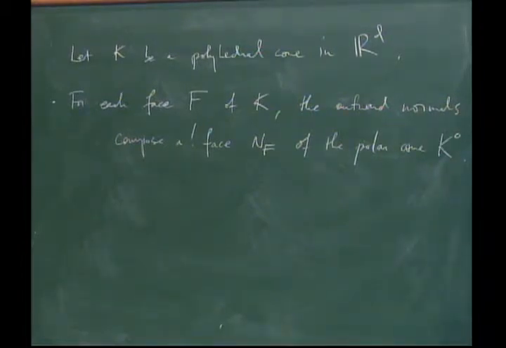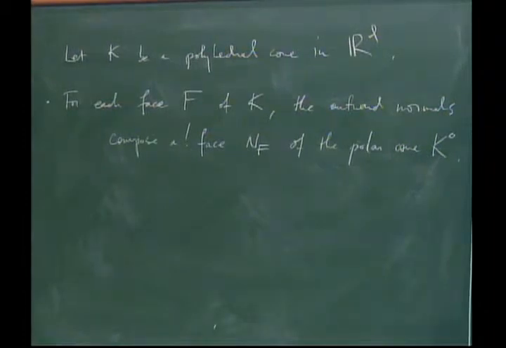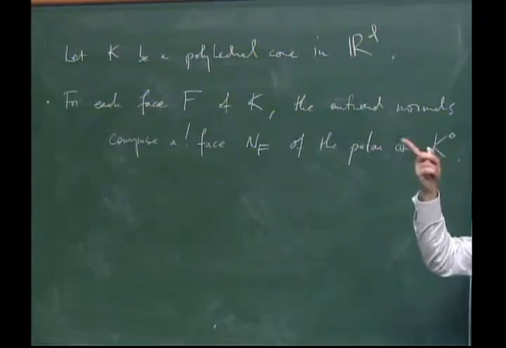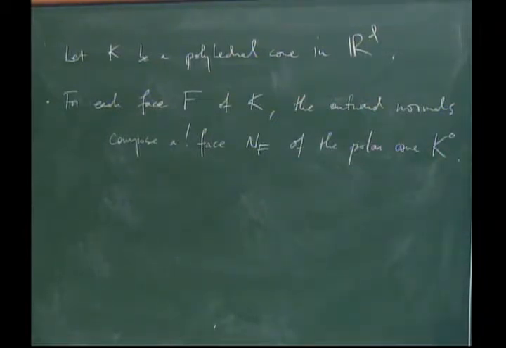So I'm just giving this a name. If you look at everything that's normal to a face, it makes up another face of the polar cone. So there's an anti-isomorphism between the faces of the cone and the faces of the polar cone.